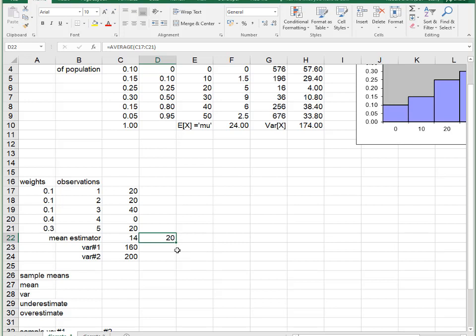Sometimes it just has to be the same there. So for example, here it's different. This one is based on just the mean of these. This is based on working out the mean using these weights, so it's 0.1 times this, 0.1 times this, and so on.